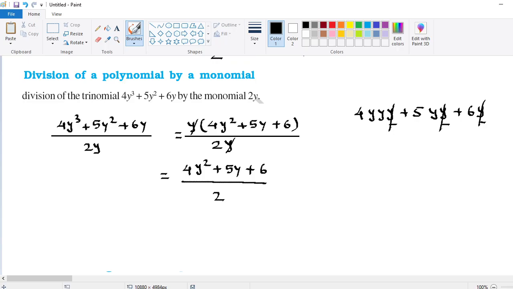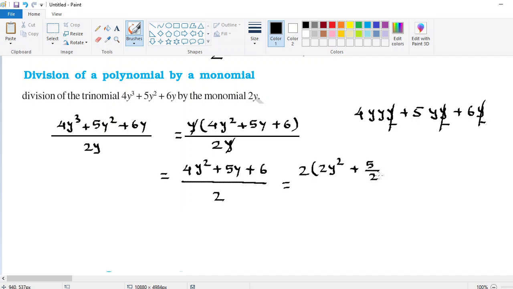Now if we want, we can take 2 common from the terms in the numerator. This 4 can be written as 2 into 2, so we can take 2 common. Now this 5 is not an even number, but as we want to take this 2 common, we write this as 5 upon 2. So we are multiplying by 2 outside the bracket and dividing by 2 inside the bracket.